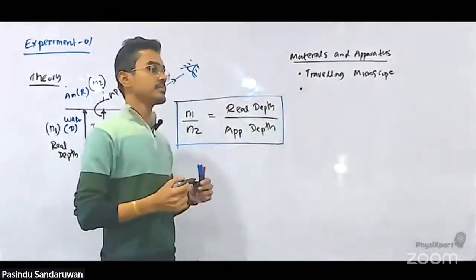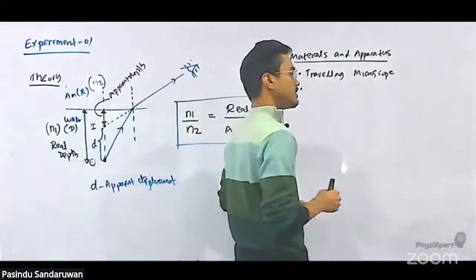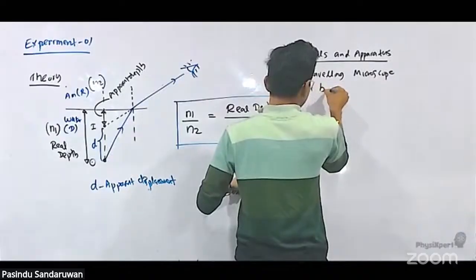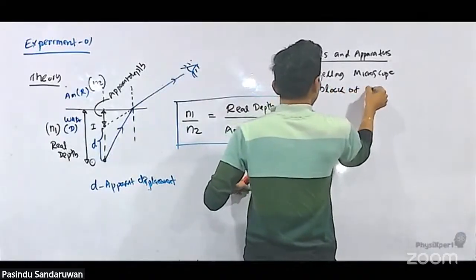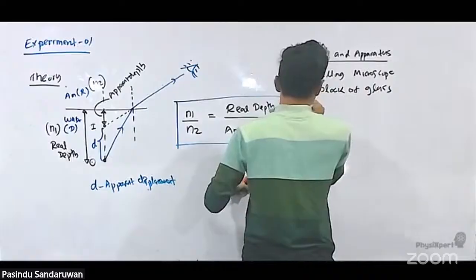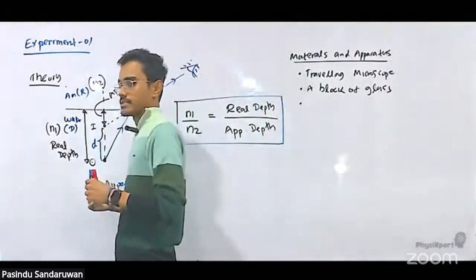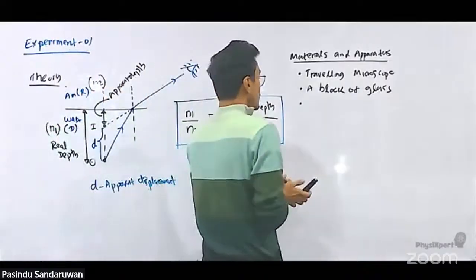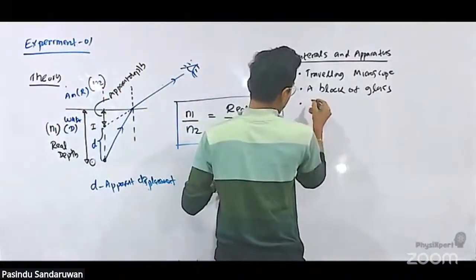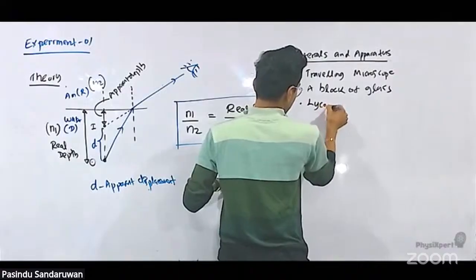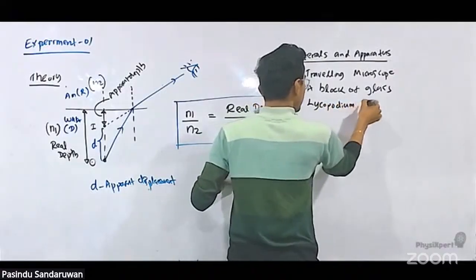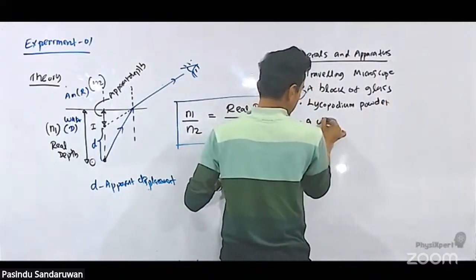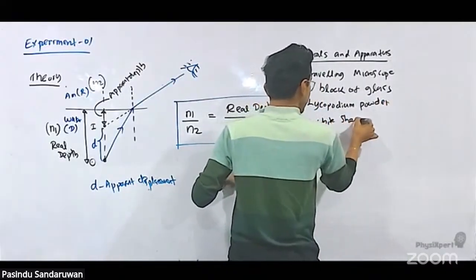Second one, a block of glass. Then lycopodium powder. A white sheet.